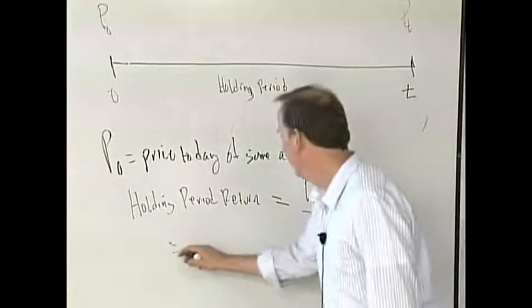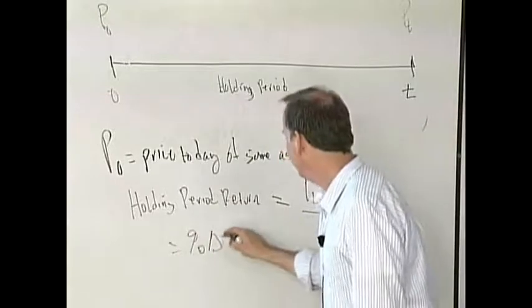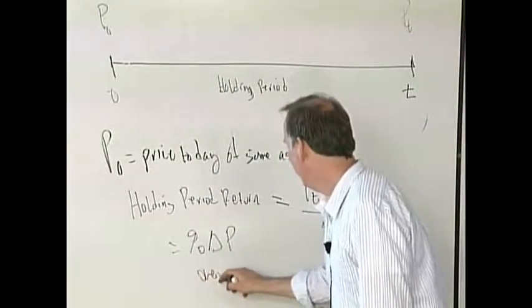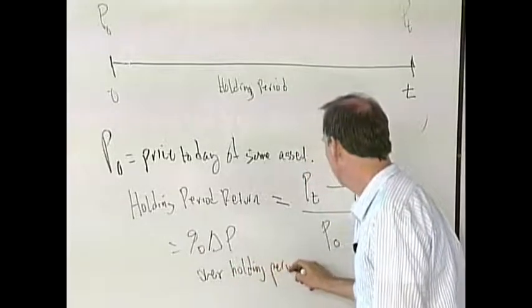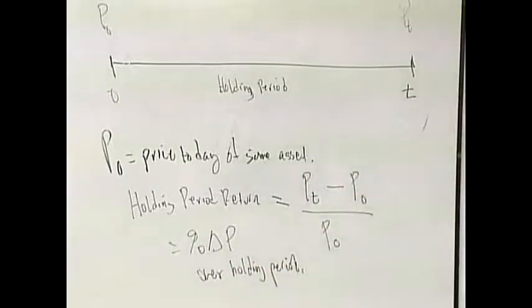This is just the percentage change in price over the holding period. Okay, so when we talk about a holding period return, it's just the percentage change in the price over a period of time that we hold the asset.